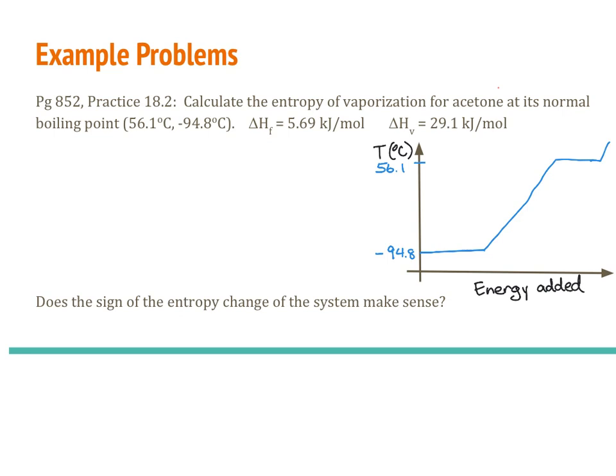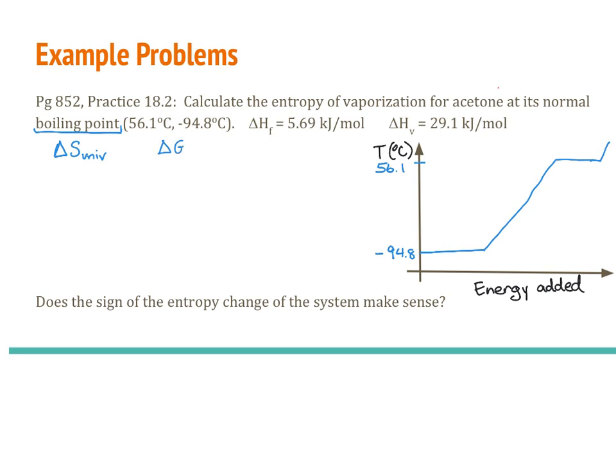Now, we need to think about a couple of things that we have learned. First, knowing that we are at the boiling point, that tells us something about the change in entropy of the universe, which also in turn tells us something about the Gibbs free energy of this process.